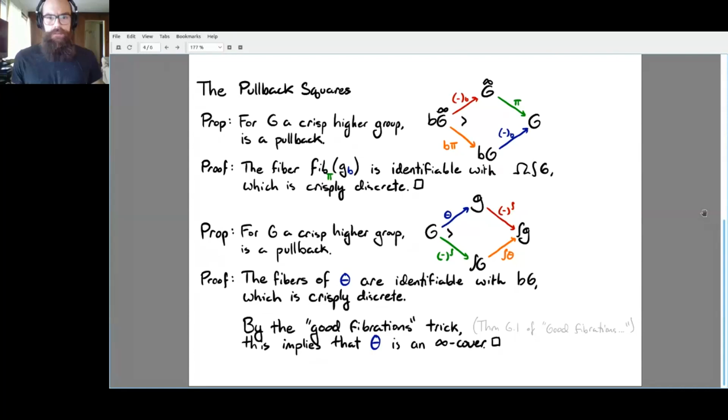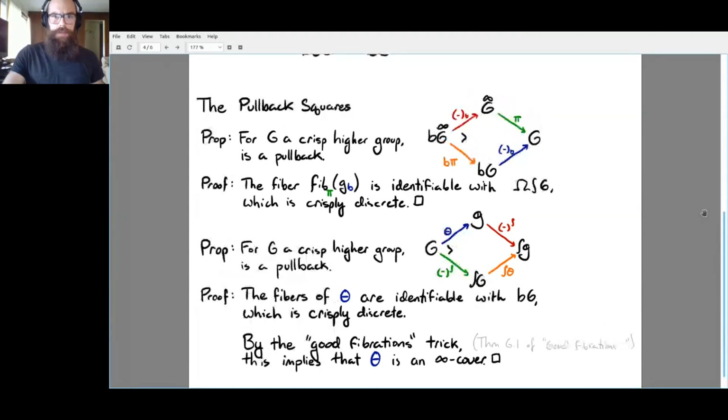The action is transitive, so we can identify them all with flat G. Therefore they're all crisply discrete. And by the good vibrations trick, which is what I like to call the main theorem of another paper, good vibrations through the modal prism, this implies that theta here, the quotient map, is an infinity cover, and therefore that this square is a pullback. So this is the idea of those proofs.